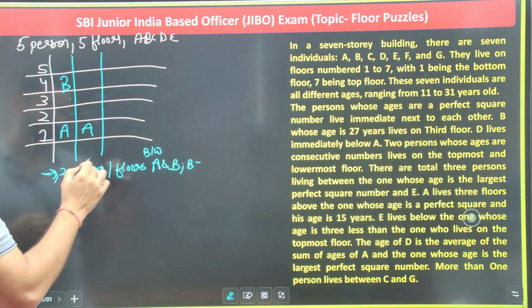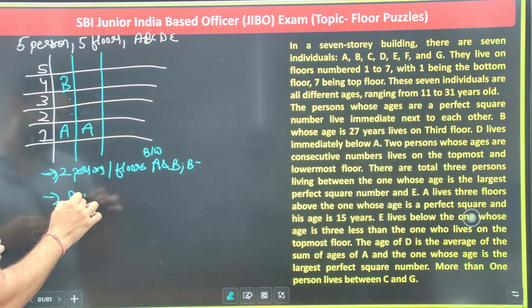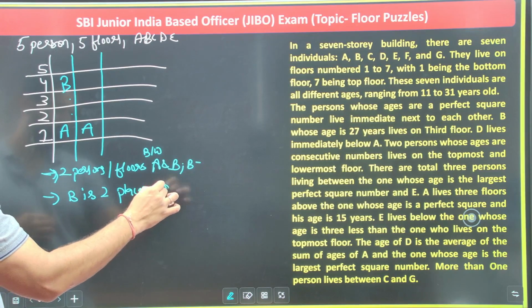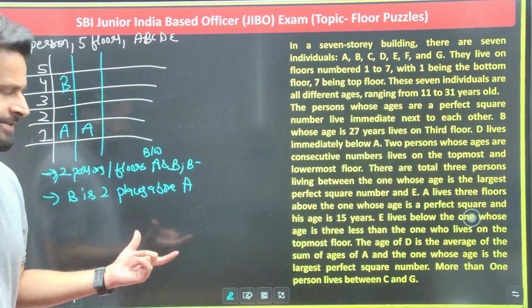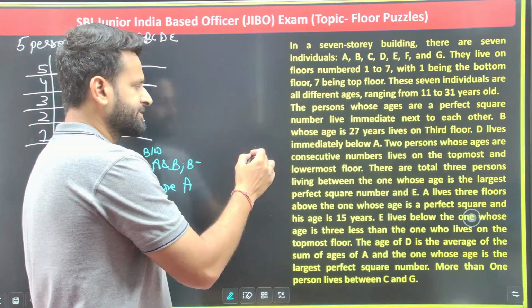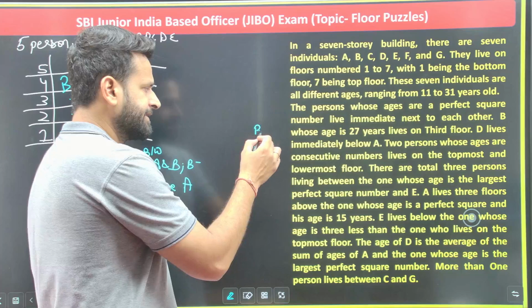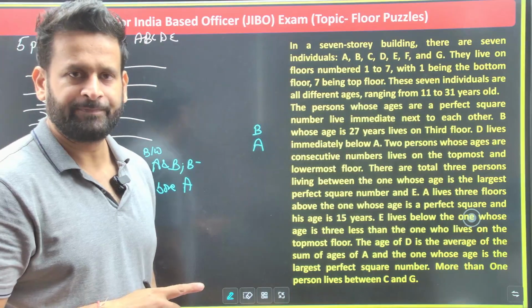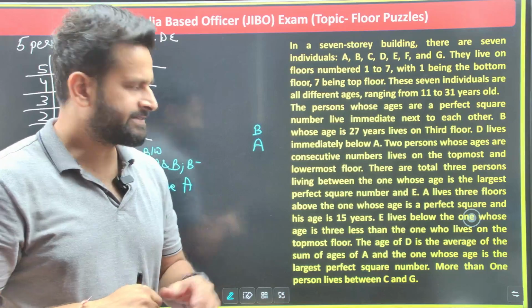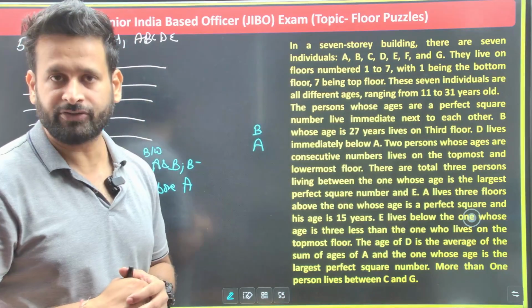Similarly, next case. If I say B is 2 places above A, now understand this. Let's suppose this is A. If this is B, just above A, can I say that B is 1 floor above A? Of course.